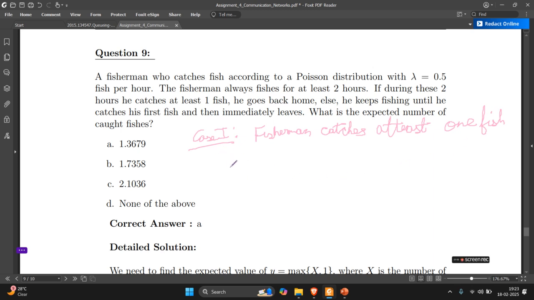So what is the probability of that? Else he keeps fishing. So what is the expected number of caught fish? If he catches at least one fish, then of course he will not wait beyond 2 hours. So basically it is the average number of fish caught in 2 hours.